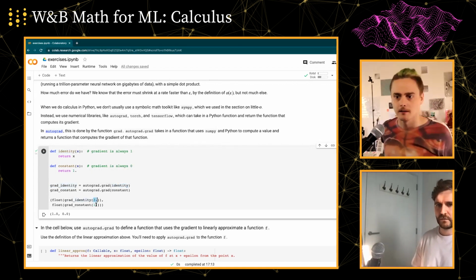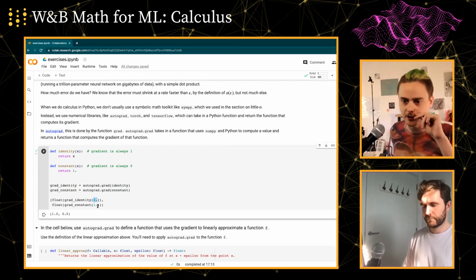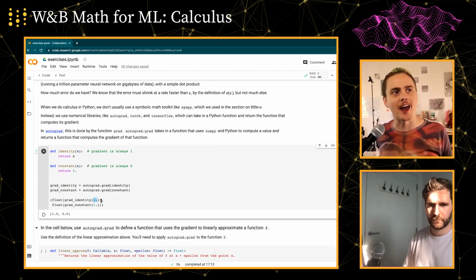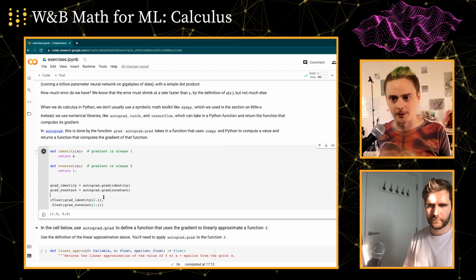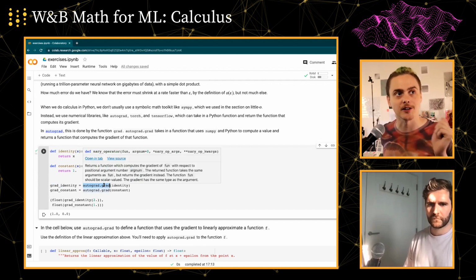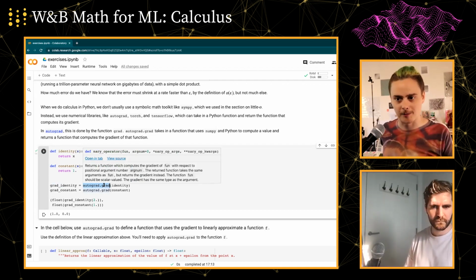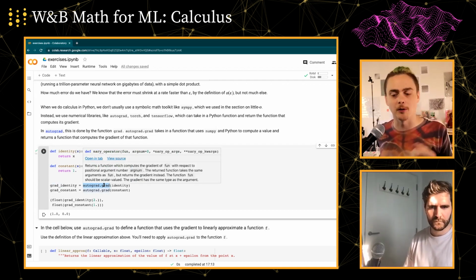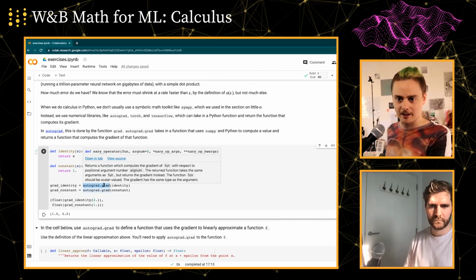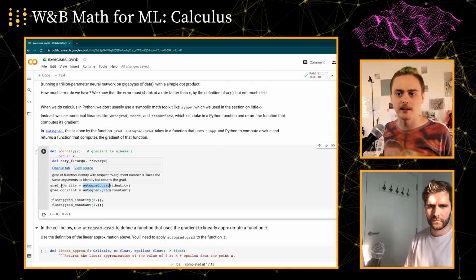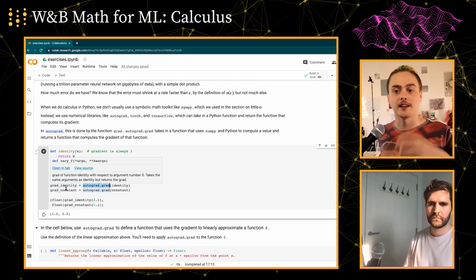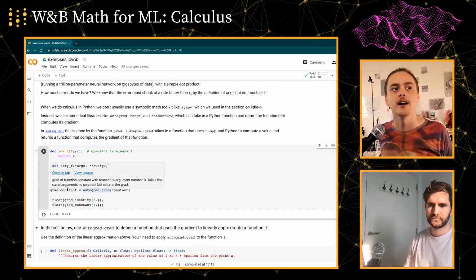At that point, okay. So there's a little bit of confusion of terminology here because different people care about different pieces of this. Sometimes people use gradient to refer to autograd.grad, the operator that takes in a function and returns a new function. Other people refer to that thing on the left there, grad identity, as the gradient of the identity, the gradient of f that takes in the same inputs as f and returns vectors.